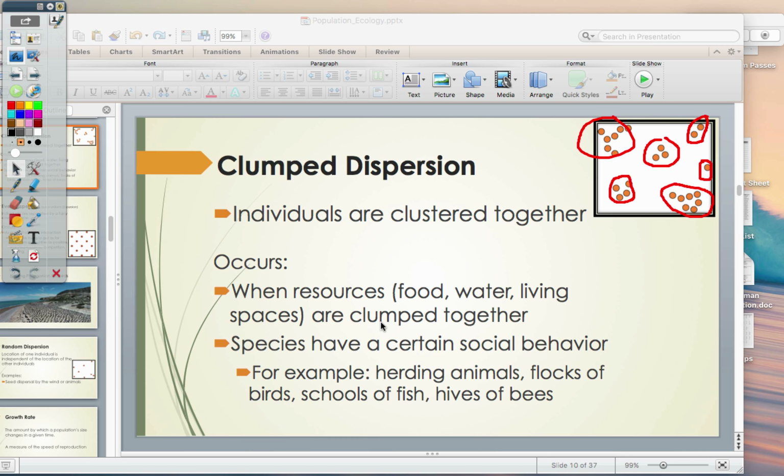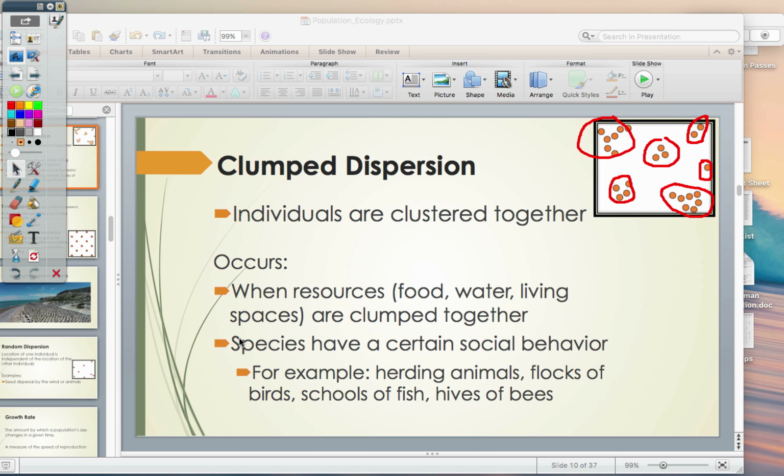One being resources, where food is, where water is, where living spaces are. If you require certain characteristics about where you're going to live, you're going to go towards where those characteristics are. You're going to go towards that food. You're going to go towards that water.